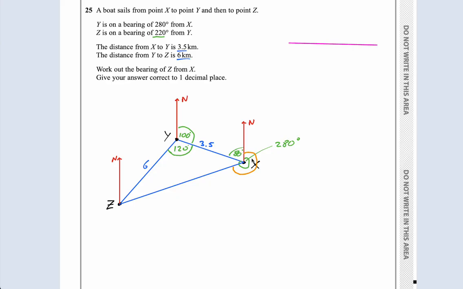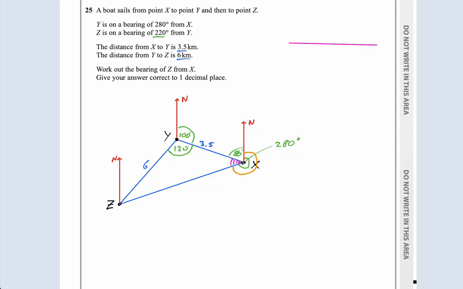Now the way to get that, guys, I think the best plan is to get this angle, and then I can just subtract. Well, actually, sorry, guys, I don't have this angle.